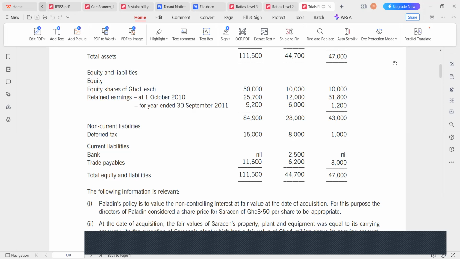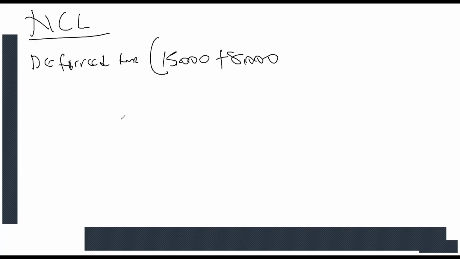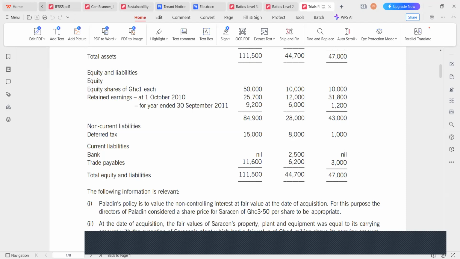So here the deferred tax is 15,800. Please, you add it to which one? Next, current liabilities. Bank and trade, 2,000.